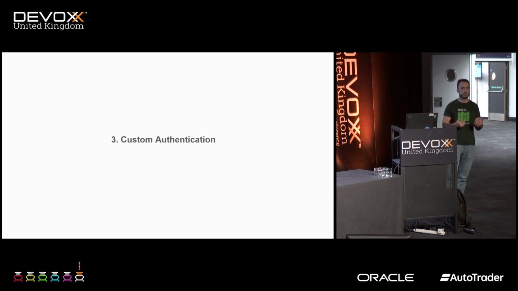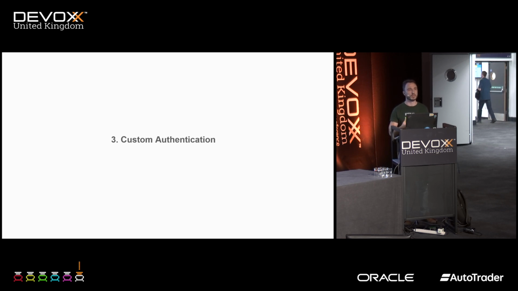One of the fourth or fifth points was implementing your own authentication, because that is sometimes something you need to do. You sometimes need to implement your own custom approach, and then using the default authentication objects provided by Spring Security is not something that helps you anymore.